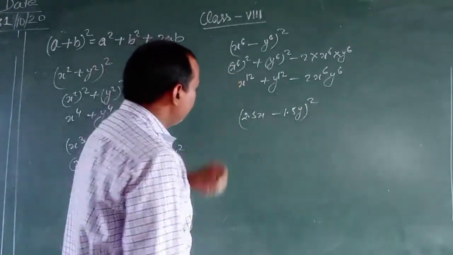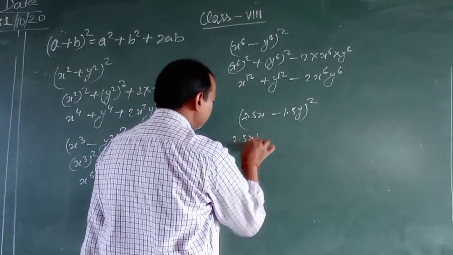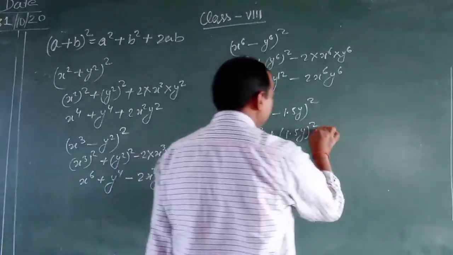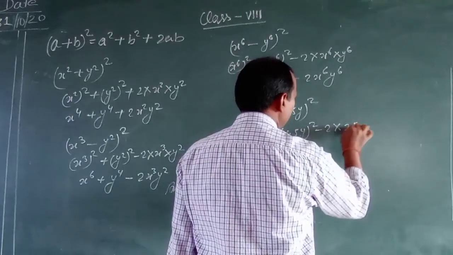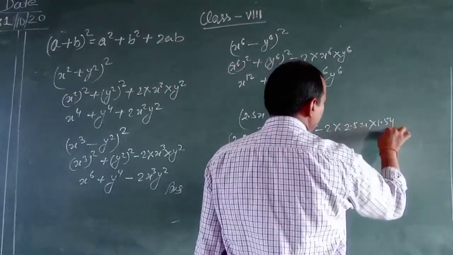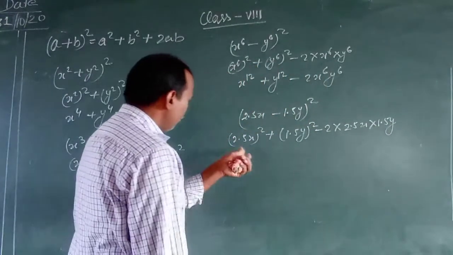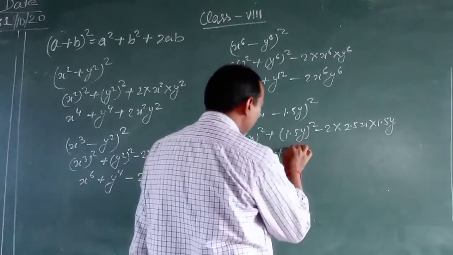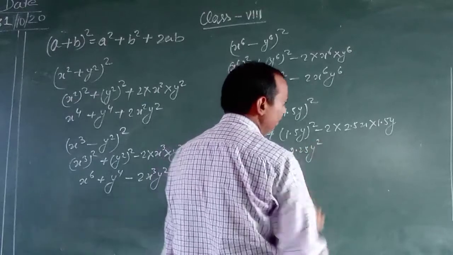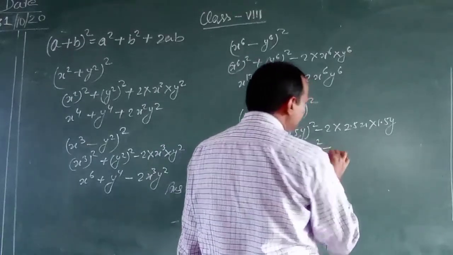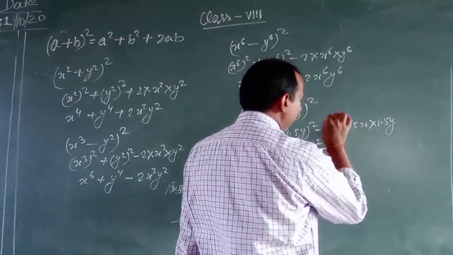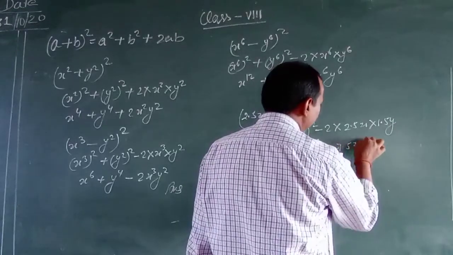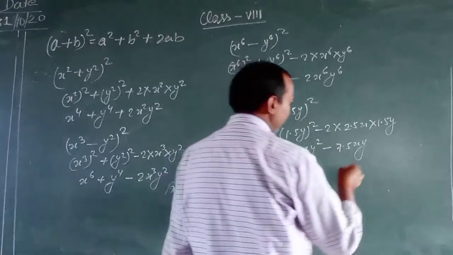Again the same process, first term square plus second term square and minus 2 into first term 2.5x, second term 1.5y. Here 2.5 square 6.25x square, 1.5 square 2.25y square, and here minus 2 into 2.5 into 1.5, that is 5 into 1.5, that is 7.5xy is the answer.